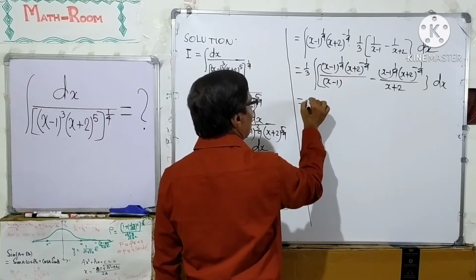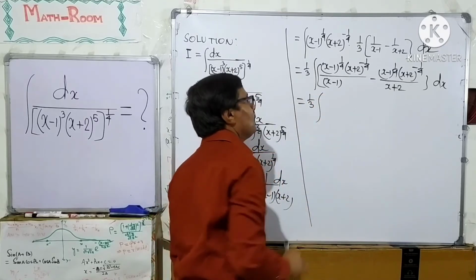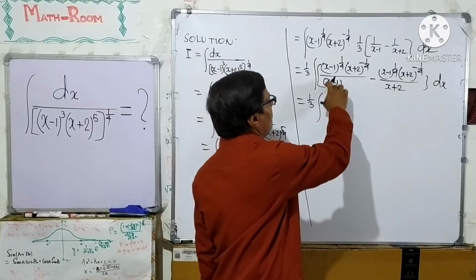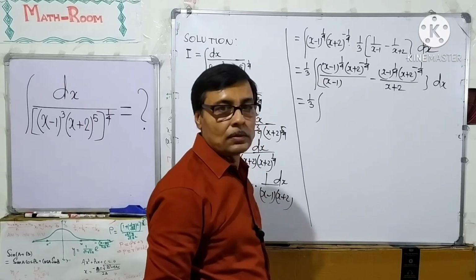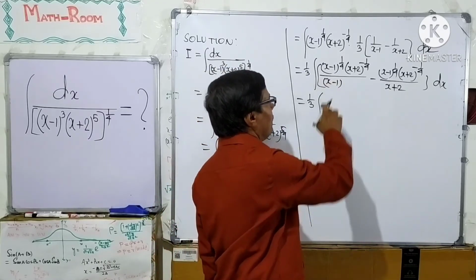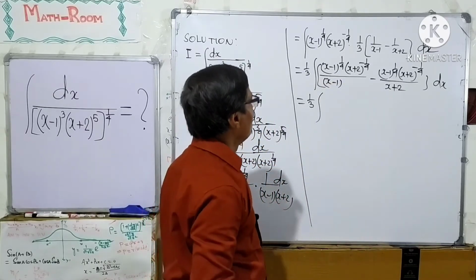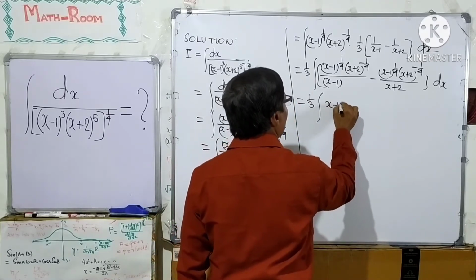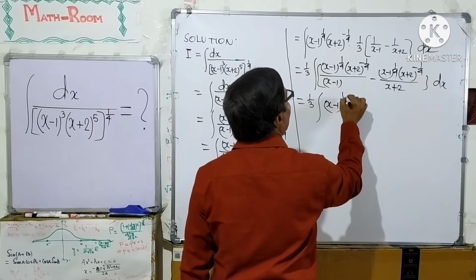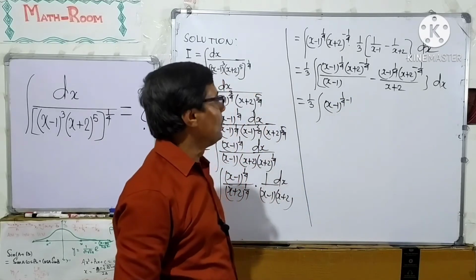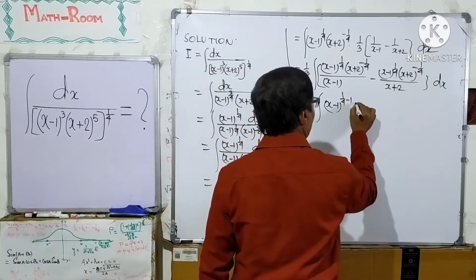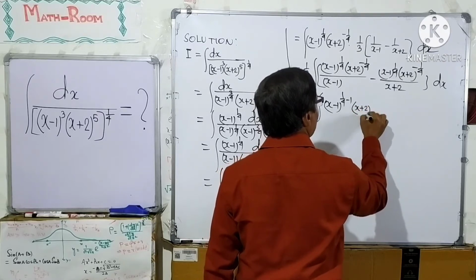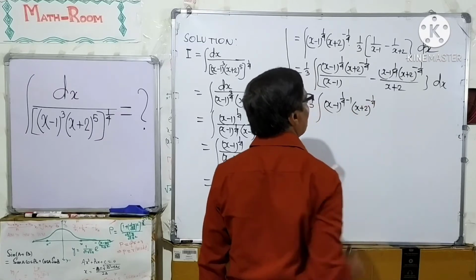This is also 1/3. We can divide these two terms. So, (x minus 1) to the power 1 over 4 divided by (x minus 1) is (x minus 1) to the power 1 over 4 minus 1, into (x plus 2) to the power minus 1 over 4.